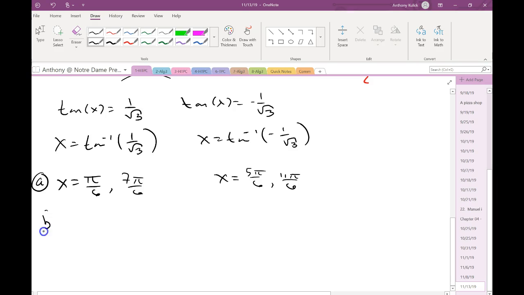For part B, you might be tempted to just slap on a plus 2 pi k to each one of these 4. And that's not incorrect, but we can do a little bit simpler of a job with that. Notice how far is it from pi over 6 to 7 pi over 6? Pi, right? 6 pi over 6, or just 1 pi.